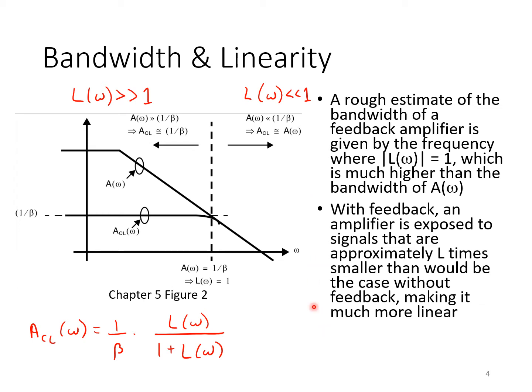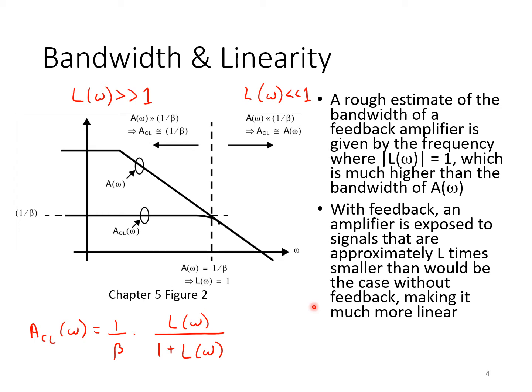At the same time, we saw on the last couple slides that the input to the amplifier itself is much smaller than the input to the feedback amplifier, U. Specifically, the amplifier is exposed to signals that are approximately L times smaller than would be the case without feedback. So whenever you've got a nonlinear amplifier exposed to very, very small signals, then our linearized small signal approximations apply, and the approximation is much better.